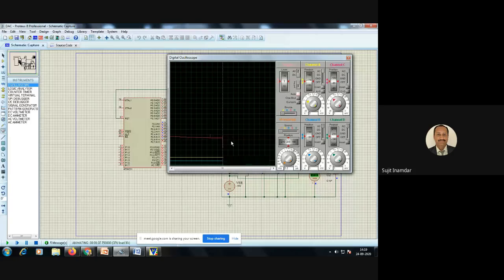It is not exactly giving the staircase, but it is taking steps, though not exactly square steps. Some charging and discharging of a capacitor is happening.